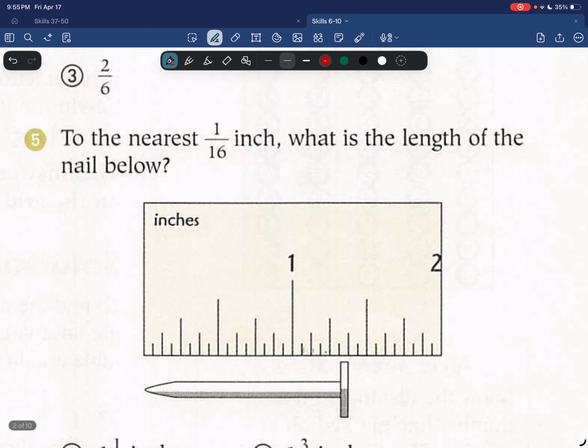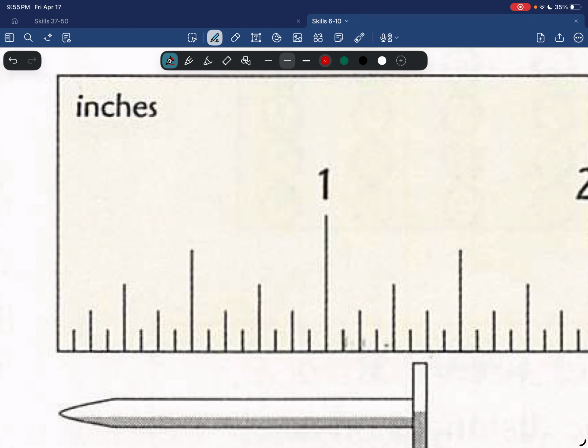To the nearest 1/16, what is the length of the nail below? So we have to figure out which of these lines are 16ths. And I am suspecting the easiest way to do this is to count.